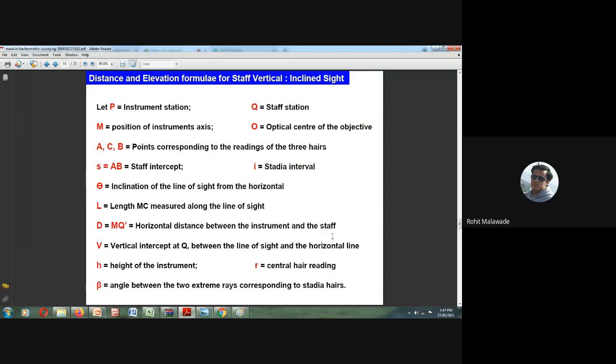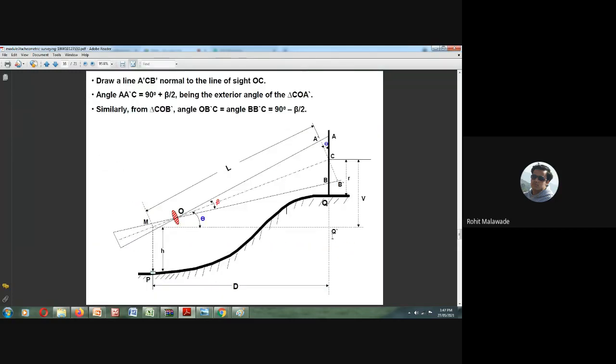Next, V is the vertical intercept at Q between the line of sight and the horizontal line. V is the vertical distance from the center of the crosshair reading on the staff to the horizontal line of sight.